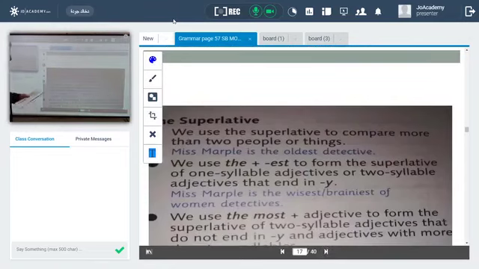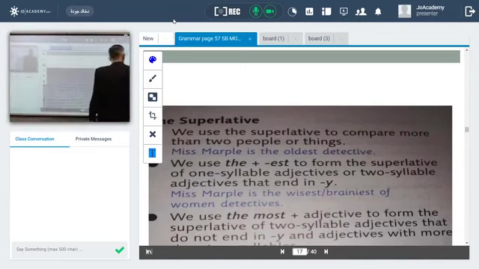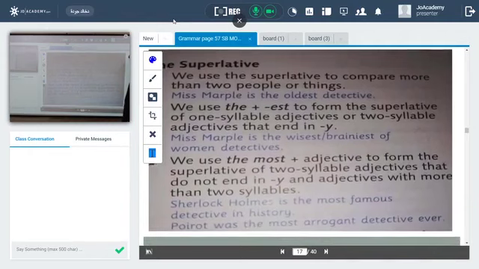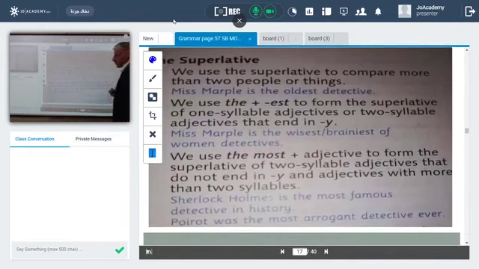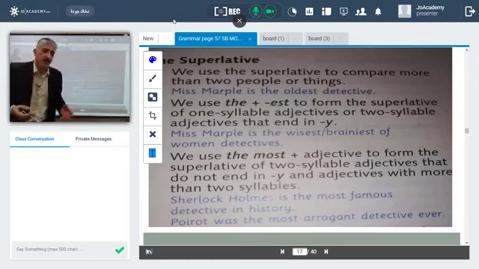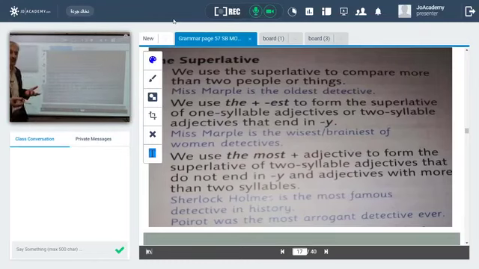Here we have the superlative. So what does superlative mean? Superlative means that you are comparing more than two people or more than two things, and one of them is better than the others.